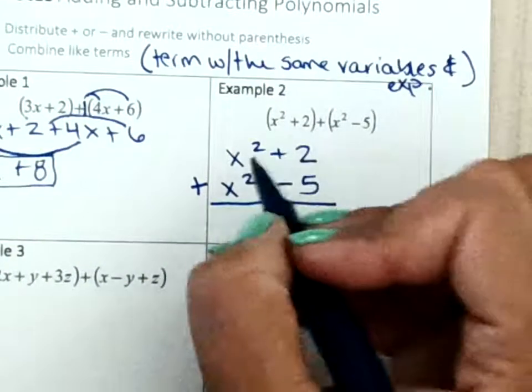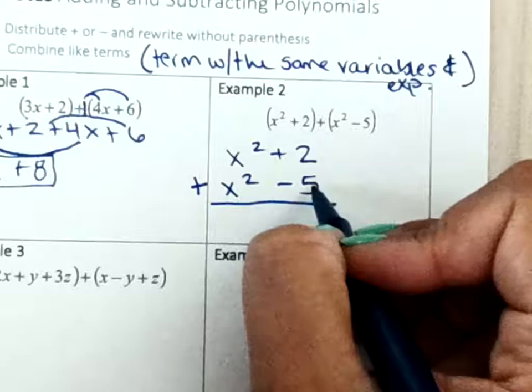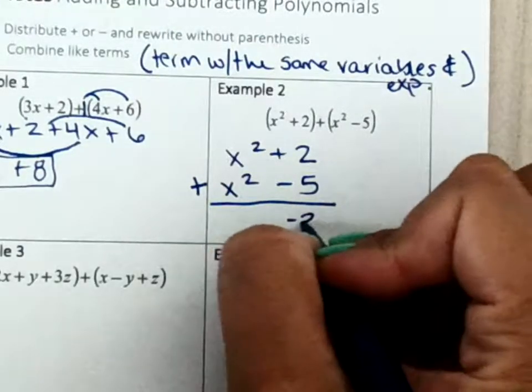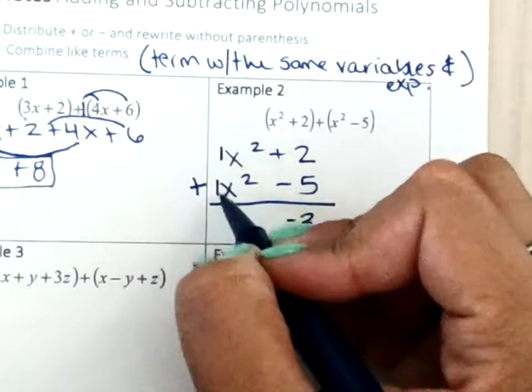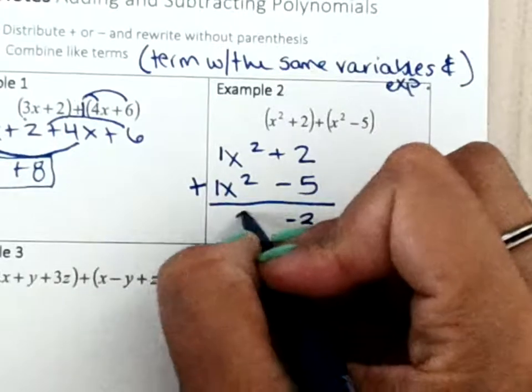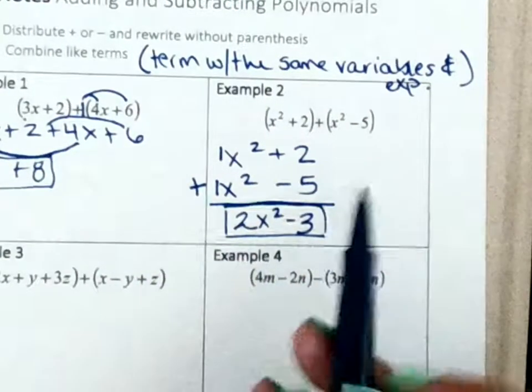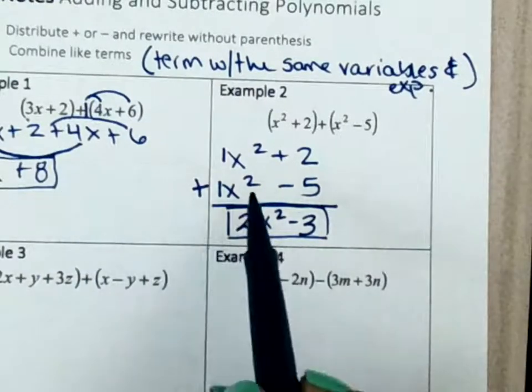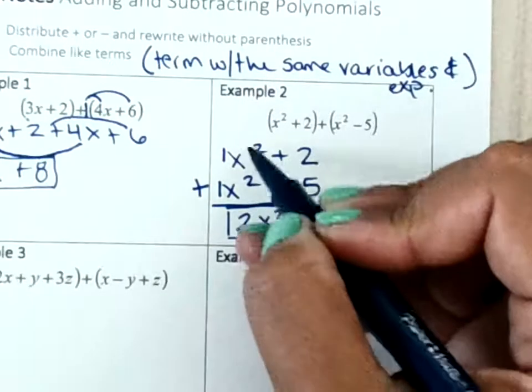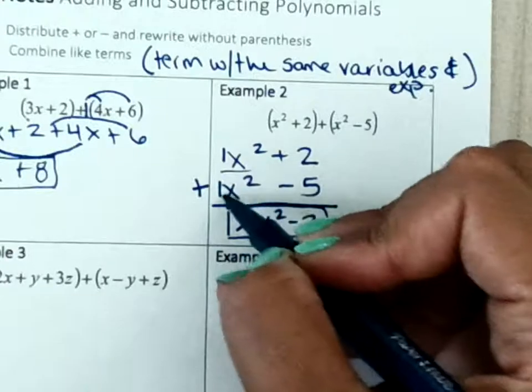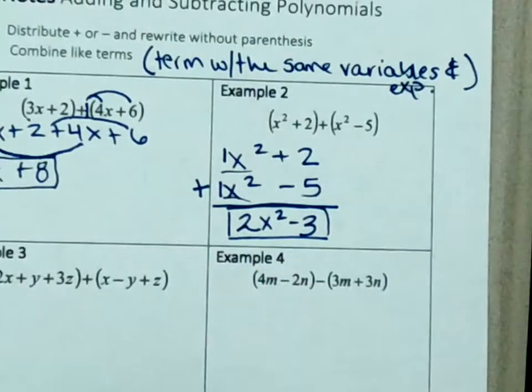I know that 2 take away 5 is negative 3, and I know that 1x squared plus 1x squared is 2x squared. You can use either method, just make sure you're always lining up the like terms. So I lined up my x squareds and then I lined up my numbers.